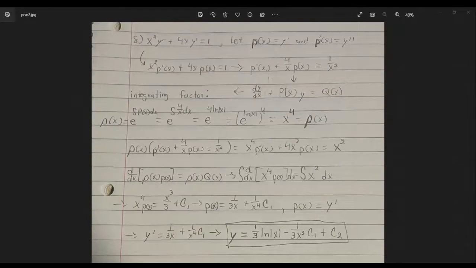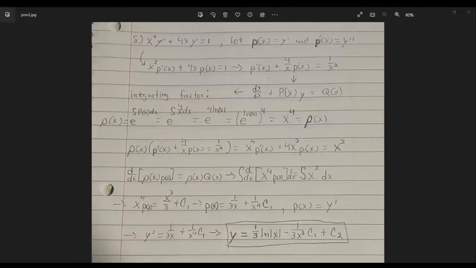It looks like a first order linear differential equation, so I made it in the form dy/dx plus p of x y equals q of x, but in this case my y is p of x and my dy/dx is p prime of x.